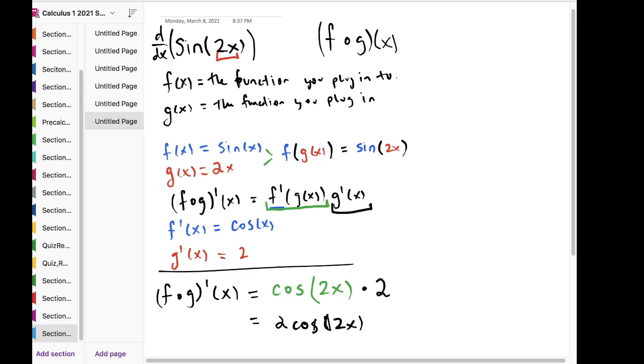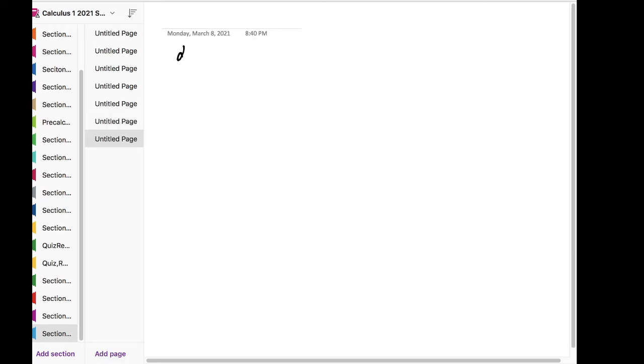Any questions on that first example there? Okay, let's do another one. This one's a bit harder to see. Sine squared.